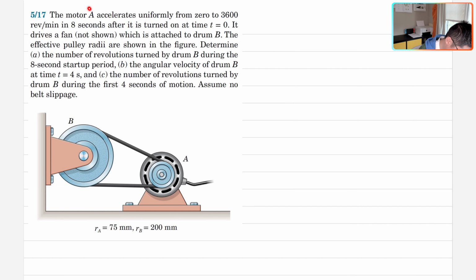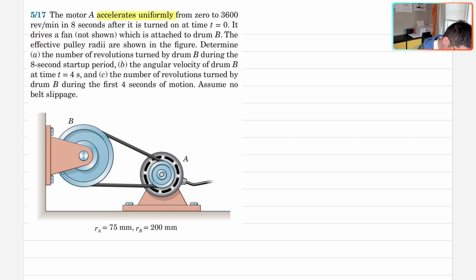The motor A, the smaller one, accelerates uniformly from rest to 3,600 revolutions per minute in 8 seconds after it was turned on at time t equals 0. It drives a fan which is attached to drum B. The effective pulley radii are shown in the figure, which is right here.